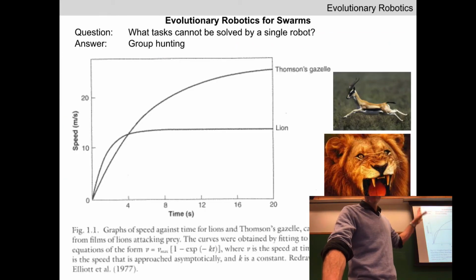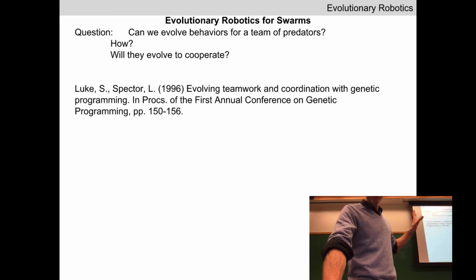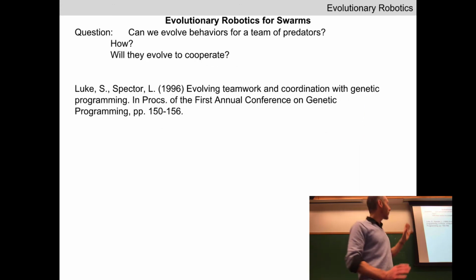So we're going to go from the real Serengeti plain to the virtual Serengeti plain, where we're going to ask, can we use evolutionary algorithms to evolve behaviors for teams of virtual predators? And if so, what does that evolutionary algorithm look like? How are we going to do it? And if we're able to do it, what kinds of solutions does the evolutionary algorithm come up with?